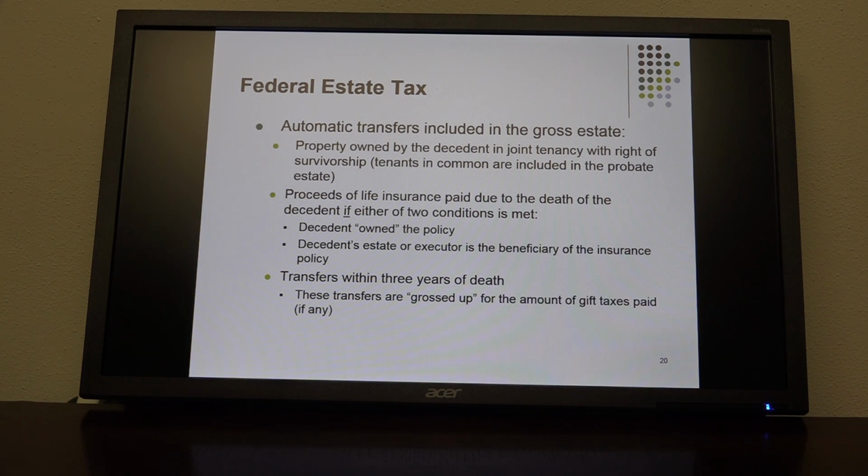And a good planning strategy here is if the decedent doesn't want the face value of the life insurance policy included in their gross estate, what they would do is have someone else, let's say children, be the owner of the policy.